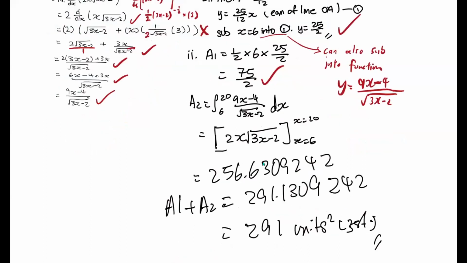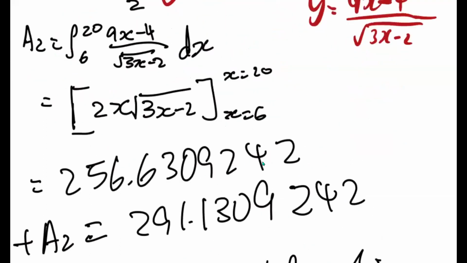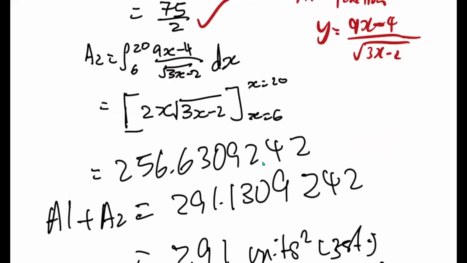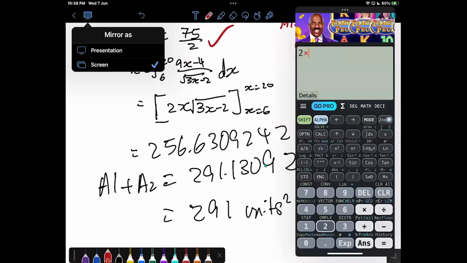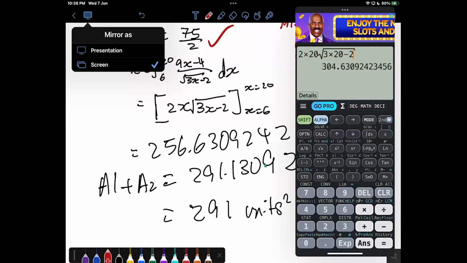Okay, actually, let me just double check. 2 times 20 times square root of 3 times 20 minus 2. This becomes 304. Then you subtract away 2 times 6 times square root of 3 times 6 minus 2, and I get 256.63.